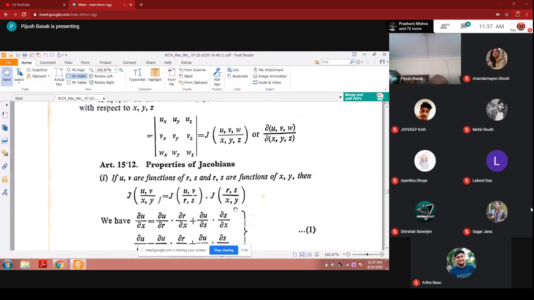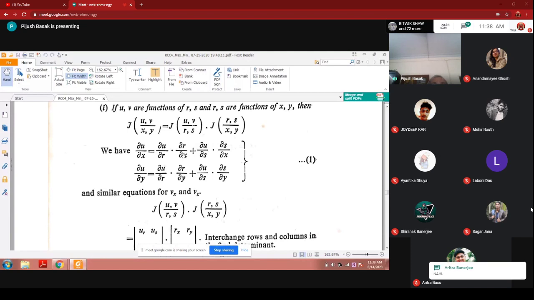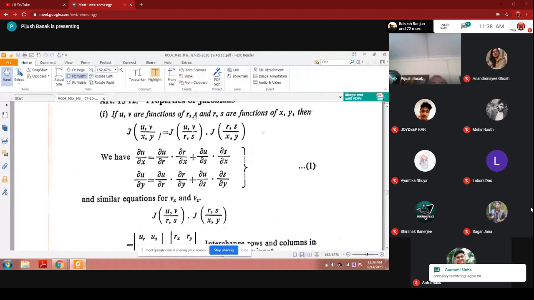This is simple. Any time in calculus, if you want to go through the middle variable, you have to go through the intermediate. Also, del u del x we can write as del u del r into del r del x, because u is a function of r, s and r is a function of x. That is why we can write del u del x is equal to del u del r into del r del x plus del u del s into del s del x.